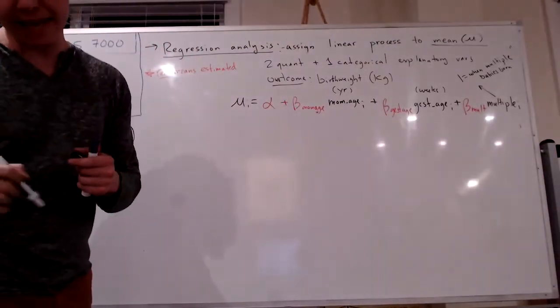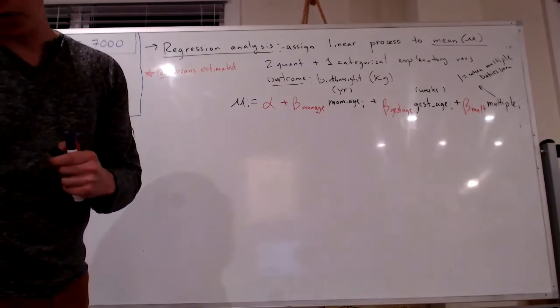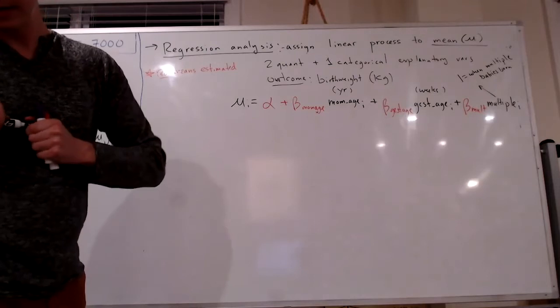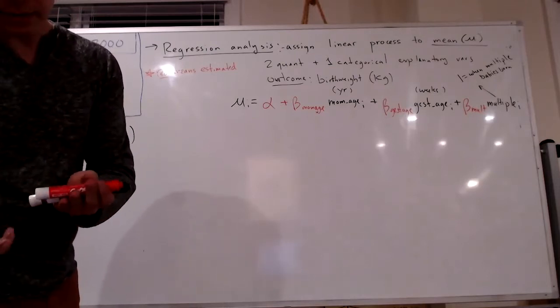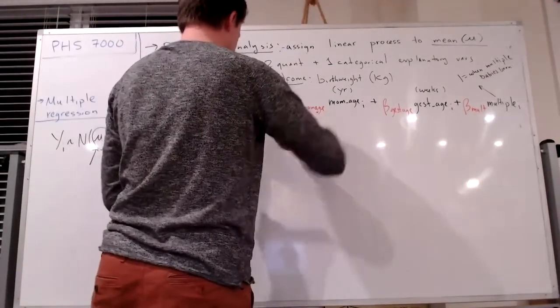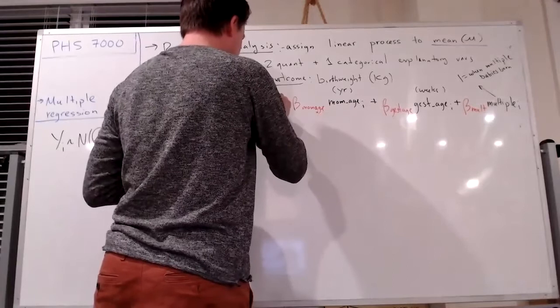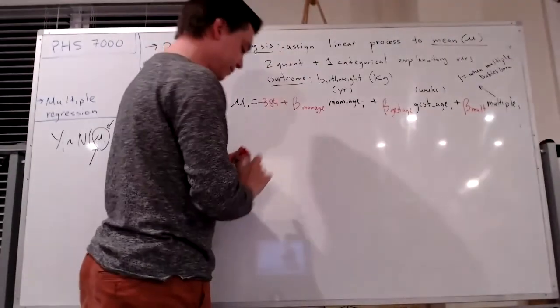I'll now plug in the estimates that I got for my, there it is, negative 3.84 birth weights in kilograms.